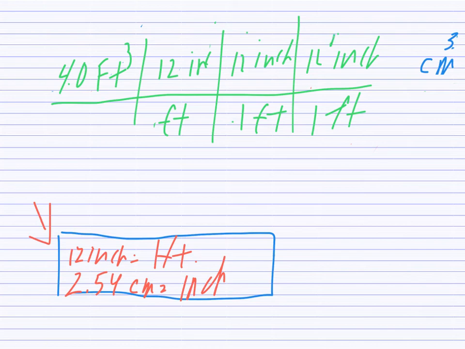And if you do that 3 times, feet, feet, and feet on the bottom will become cubic feet, and that will cancel out cubic feet on the top. And then the units on the top would be inches by inches by inches, or cubic inches. And then the other thing you have to remember is you still have to multiply the numbers together. But this is just step 1. You can now change from cubic inches to cubic centimeters, again, by using the same factor 3 times.